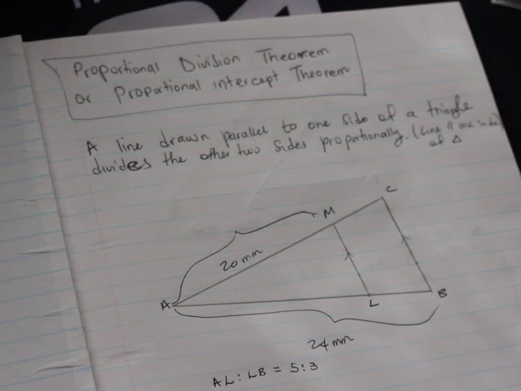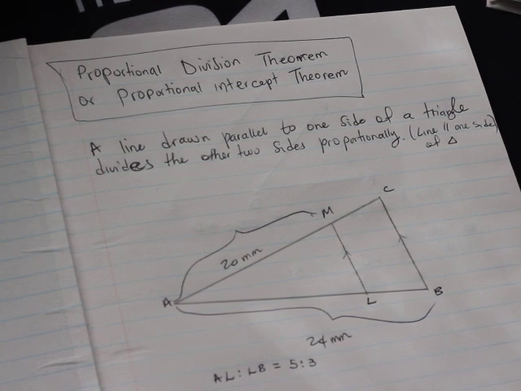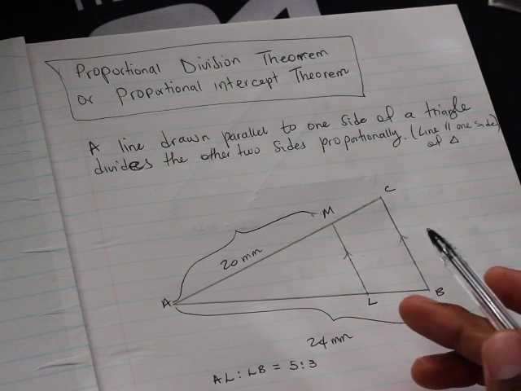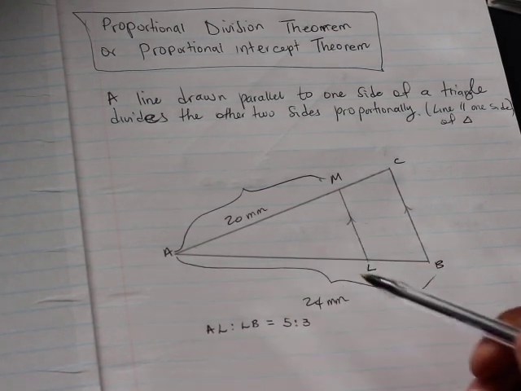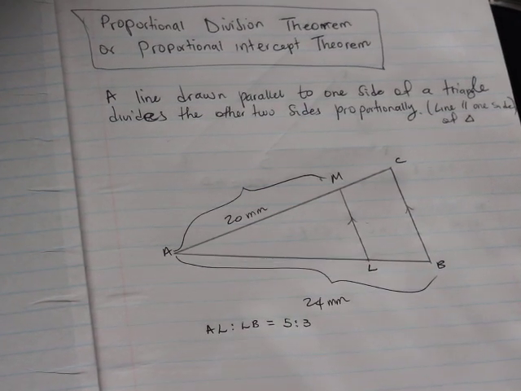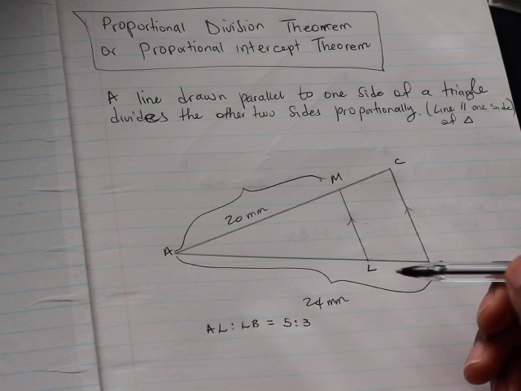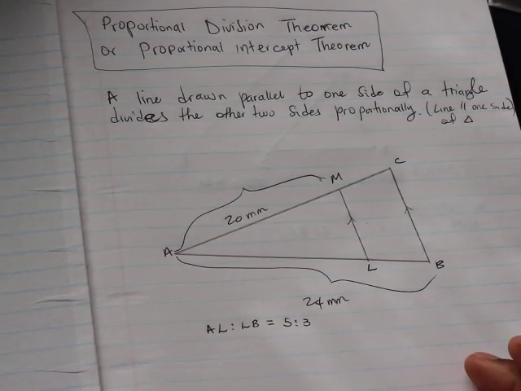So now let's put the theorem into use. Here's a diagram that we're given. Hopefully you guys can see it clearly. You can see that we've got AM, which has a length of 20 millimeters, and we're also given AB, which has a length of 24 millimeters.